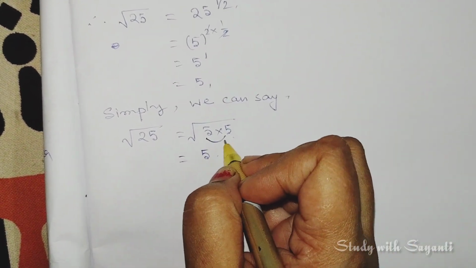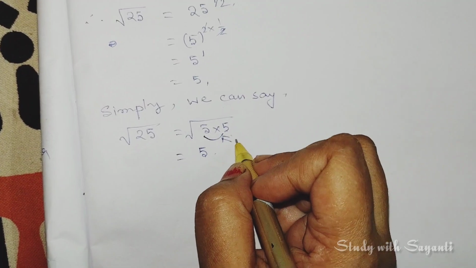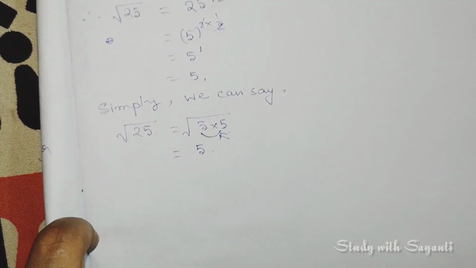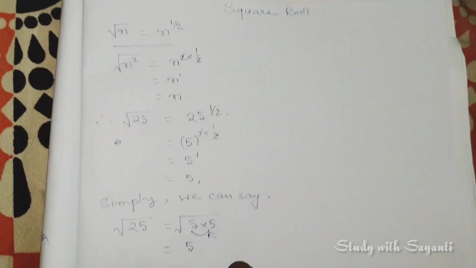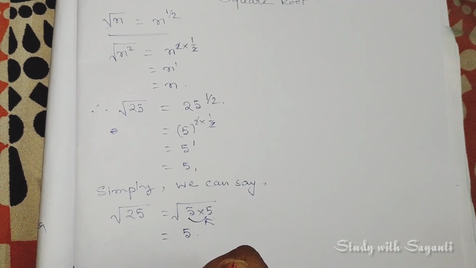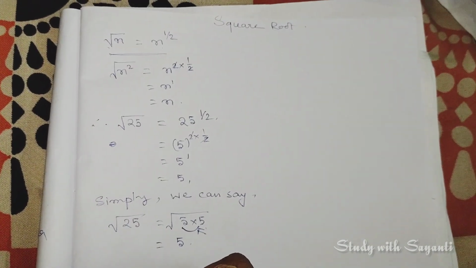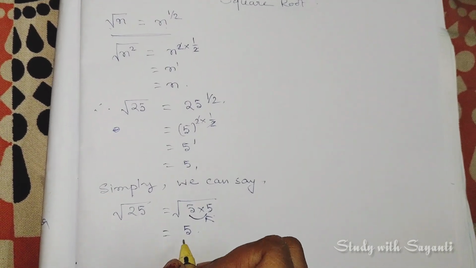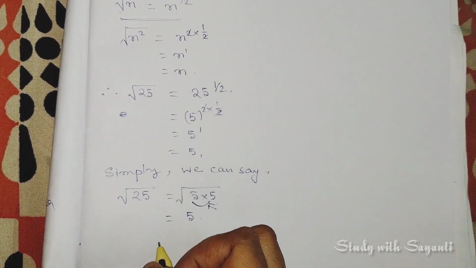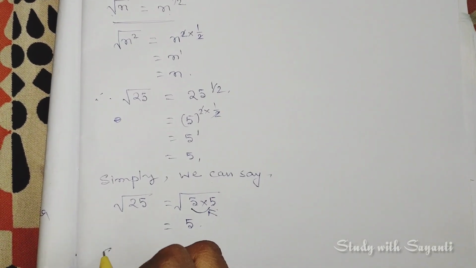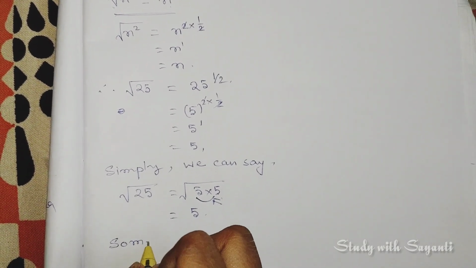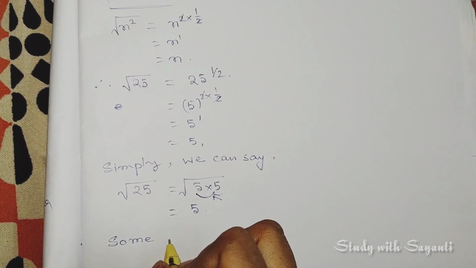We are pairing this. I will show you more examples later. So one number will be out from the root. So root 25 equals 5. You can find the square root of any other number like this. As an example, take root 64. That will be the square root of 8 into 8, that is equal to 8.